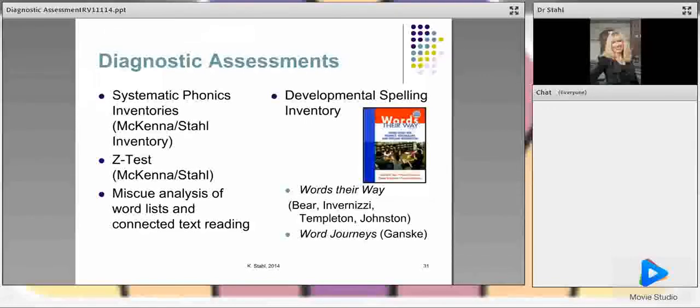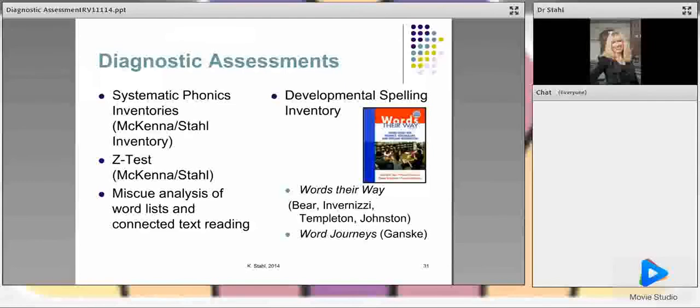And they must have errors in their reading to identify that. So you need to have a running record of text reading that's between 90 and 95% accuracy. If it's above 95%, you're not having enough errors to do the kind of analysis that's needed to see what processing children are using when they're coming upon trouble.